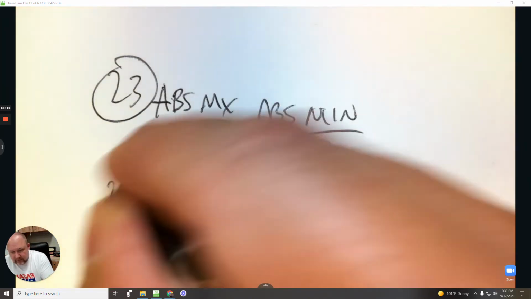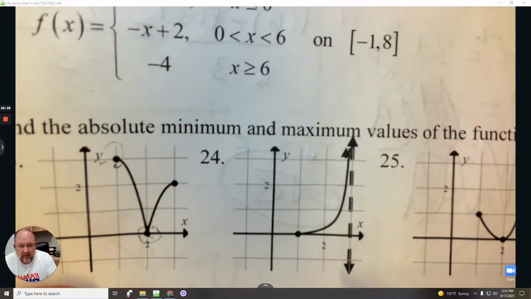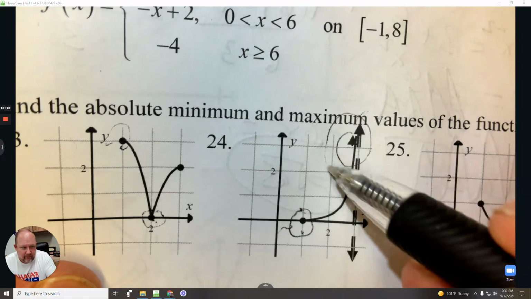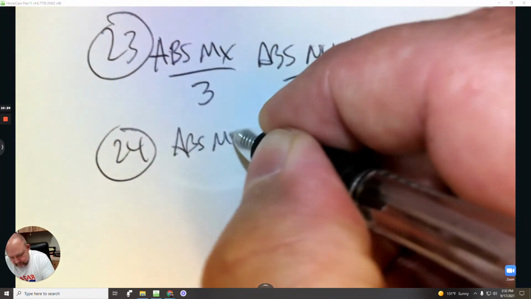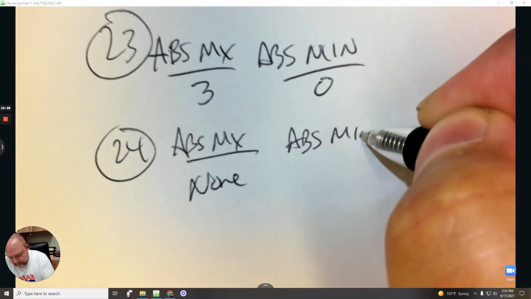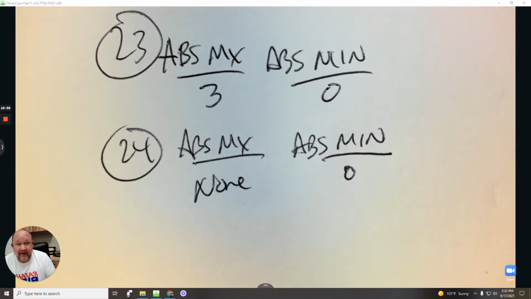Number 24. The absolute minimum is 0, and we have no absolute max because it goes up to infinity. Number 25.